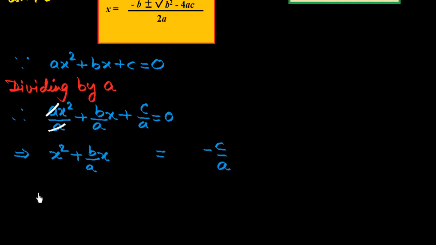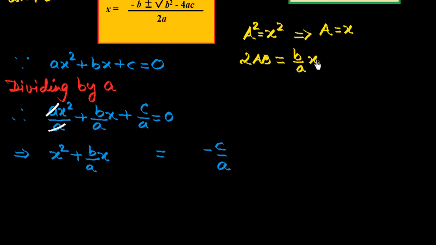Now what we have to do here, you see, we assume a square is equal to x square, so a is equal to x, and 2ab is equal to b over a x.